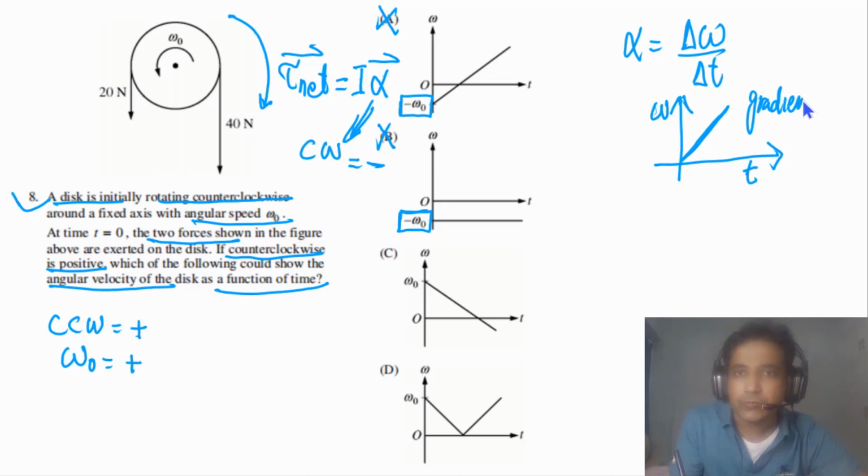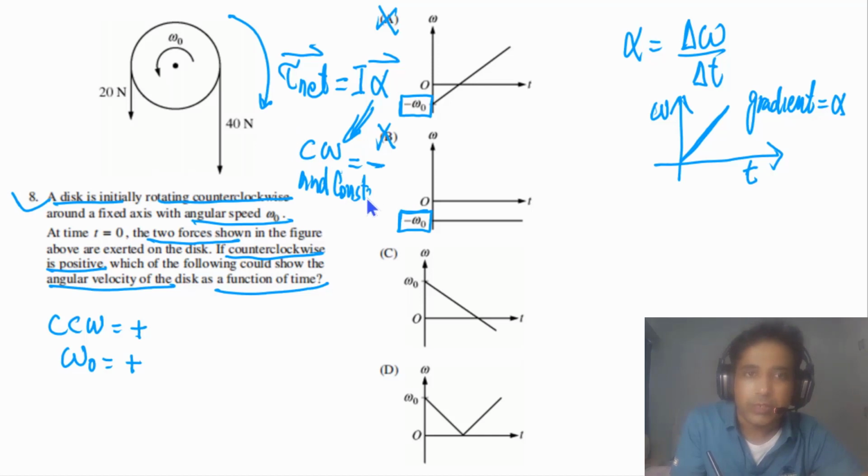So the gradient of the omega against time graph is equal to alpha, and alpha is negative, so the gradient has to be negative. As alpha is constant, the gradient also has to be constant. So we can say alpha is negative and alpha is constant because net torque is constant.